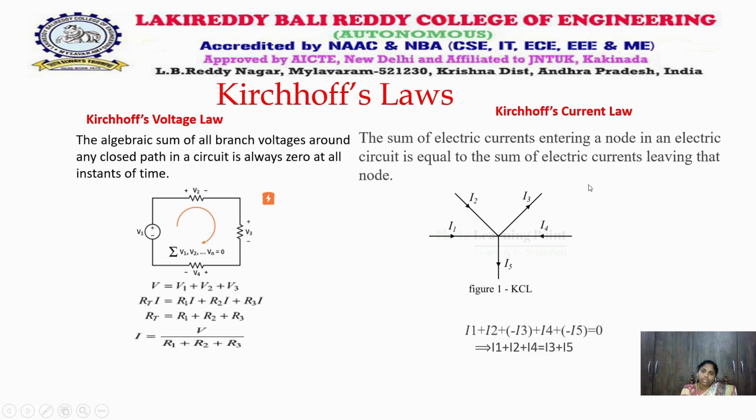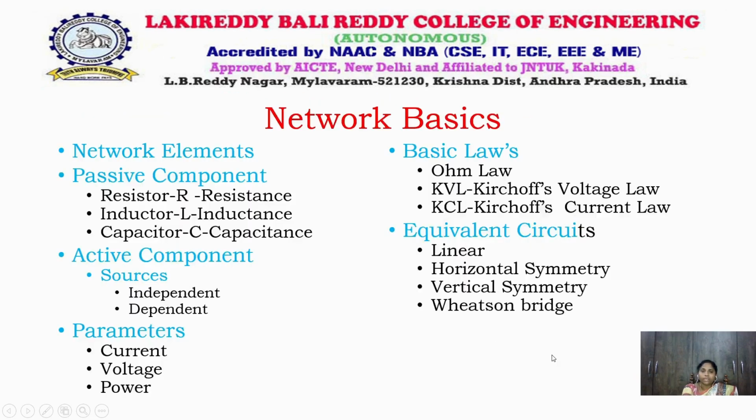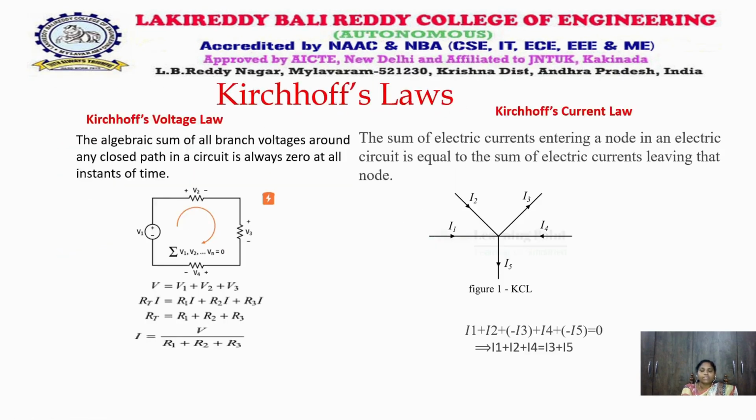Based on Kirchhoff's current law, I1 plus I2 plus I4, minus I3 because it is leaving, and minus I5 which is also leaving, equals 0. So the sum of electric currents entering the node is equal to the sum of electric currents leaving that node. Based on that, I can write the relation as I1 plus I2 plus I4 equal to I3 plus I5. So these are the basic Kirchhoff laws.